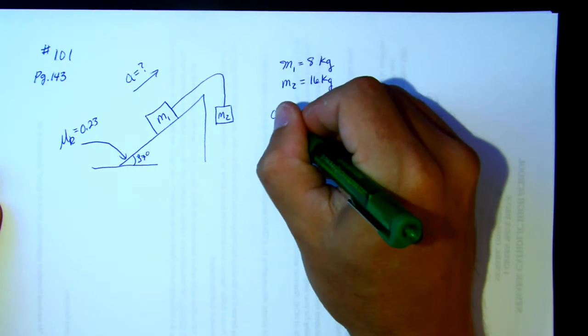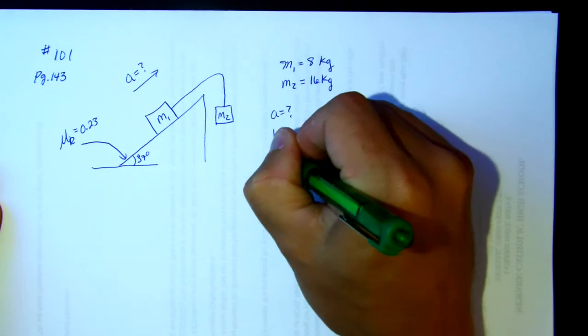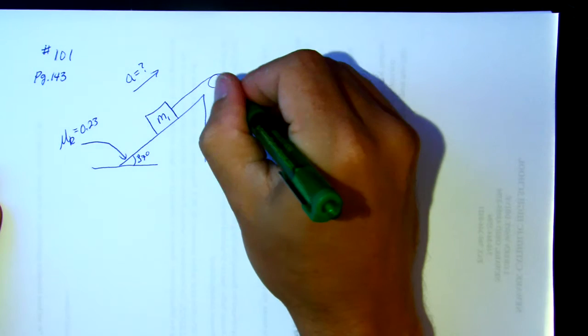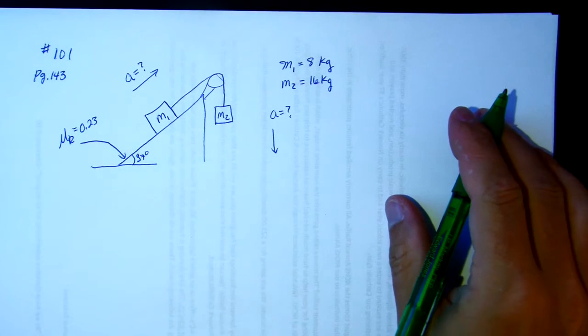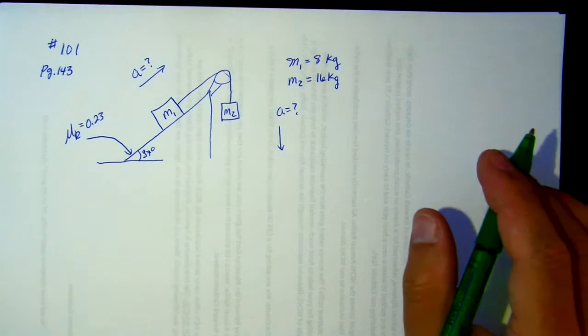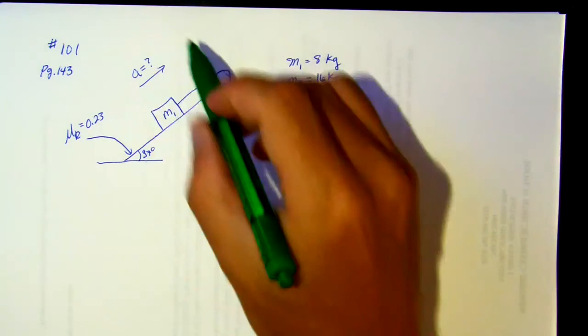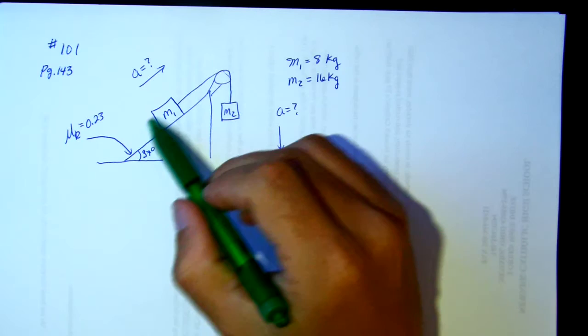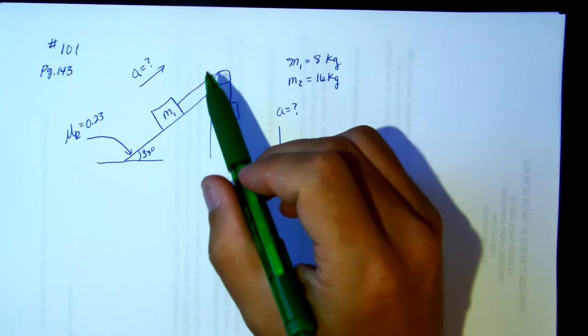And we're moving in this direction, so acceleration is in this direction over here. Okay. The question asks us when it's released from rest, what is the acceleration of block M1?